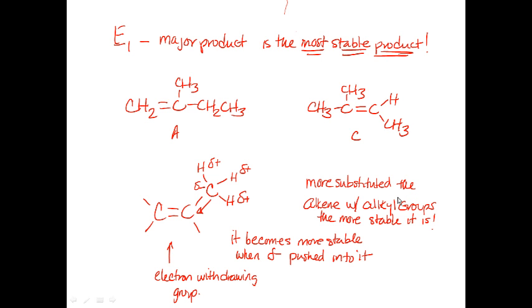So it turns out that there was a Russian chemist named Zaitsev, and your book uses this spelling of Zaitzev. I sometimes will use this spelling of it. The problem is Zaitsev was a Russian chemist that published in a German journal, and so his name just got messed up in the translation.